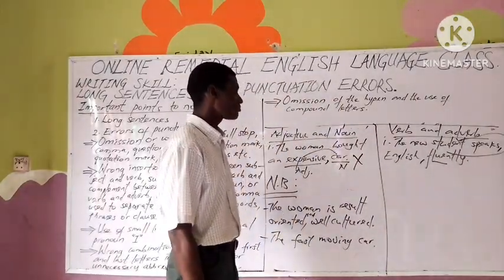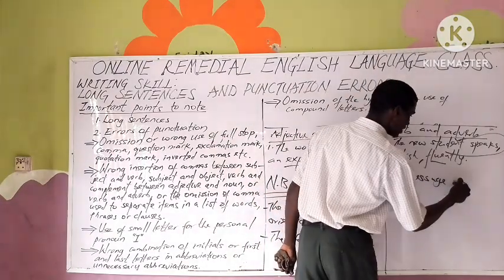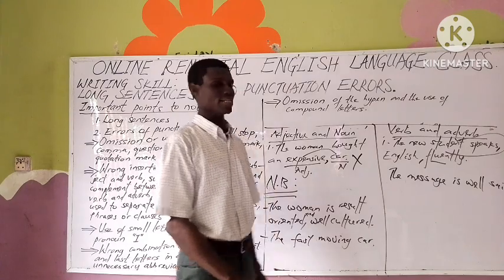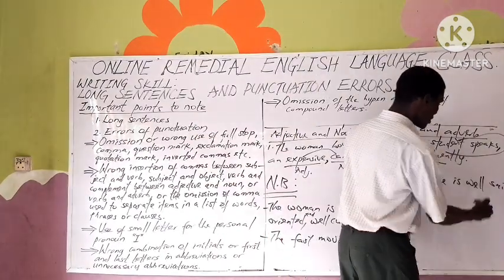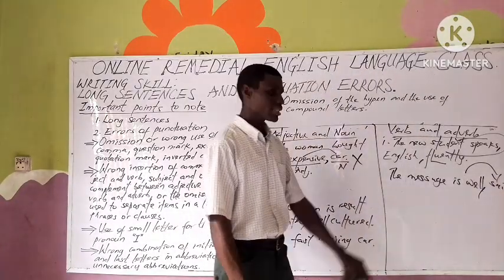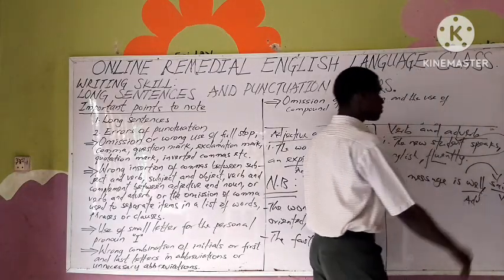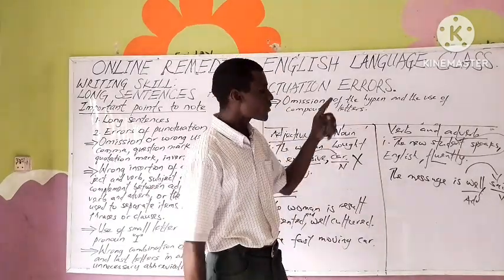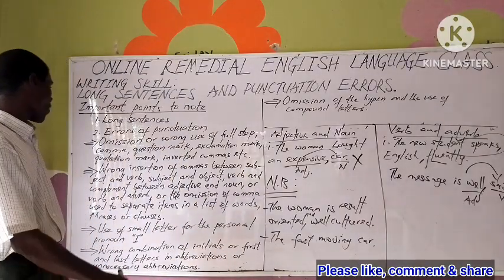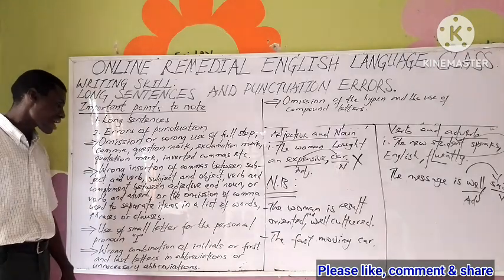So please take note. Or let me say, the message is well said or well articulated. The message is well said. I am putting this: well is modifying the verb, and this is your adverb. You do not need to put a comma there. It is wrong use of that punctuation mark. We need to be careful, even though we are meant to use these punctuation marks.